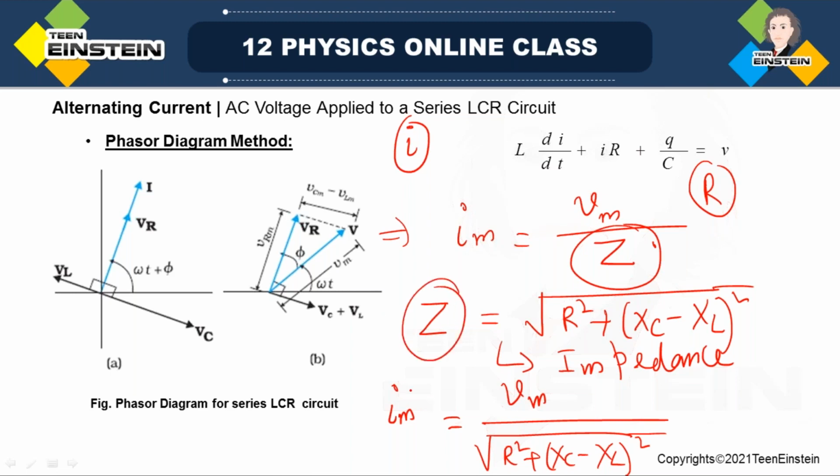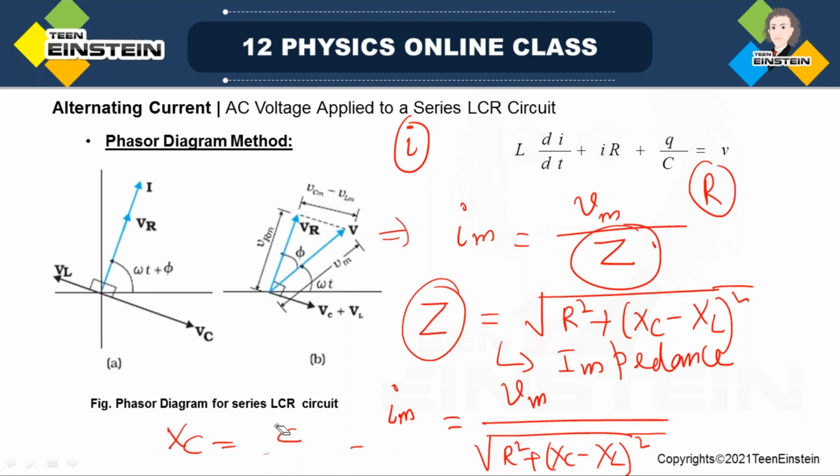Impedance depends on frequency, because Xc means 1 by omega into C. This is the capacitive reactance, where you have the frequency of the AC signal, and XL is omega into L. So omega is the frequency of the signal. So this resistance in the AC circuit varies with frequency. If your frequency changes, then your impedance also changes.